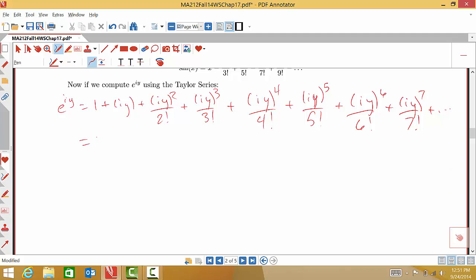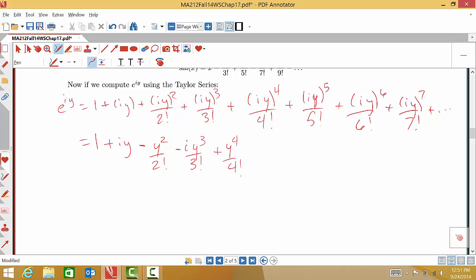So this is 1 plus iy plus i squared y squared, so I'll end up at minus y squared over 2 factorial. Here I'll have i cubed y cubed, so that's minus i y cubed over 3 factorial. Here I'll have i to the fourth y to the fourth, so that's a plus y to the 4 over 4 factorial.